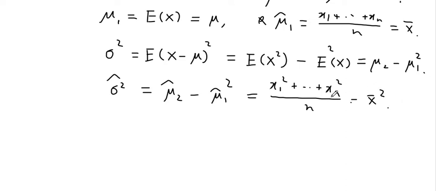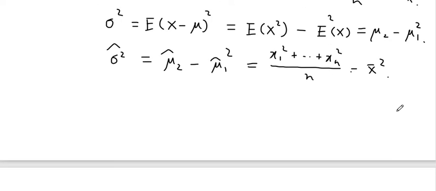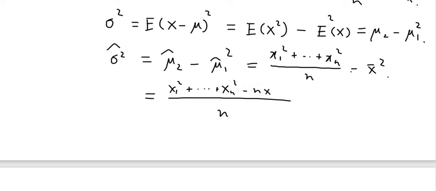Okay, so here we can simplify a little bit. I may rewrite this estimate with some math. We put n in the denominator, so this is just (x1 square plus x2 square plus ... plus xn square minus n x bar square) over n.